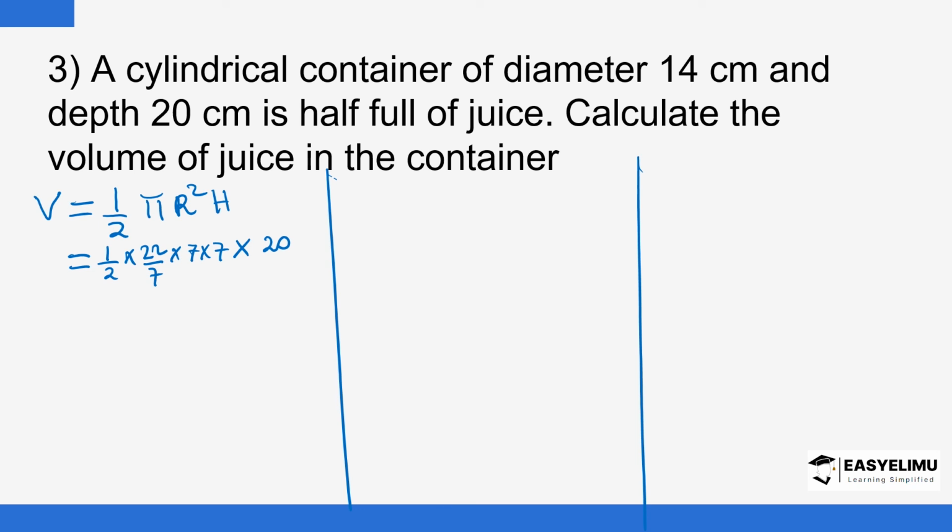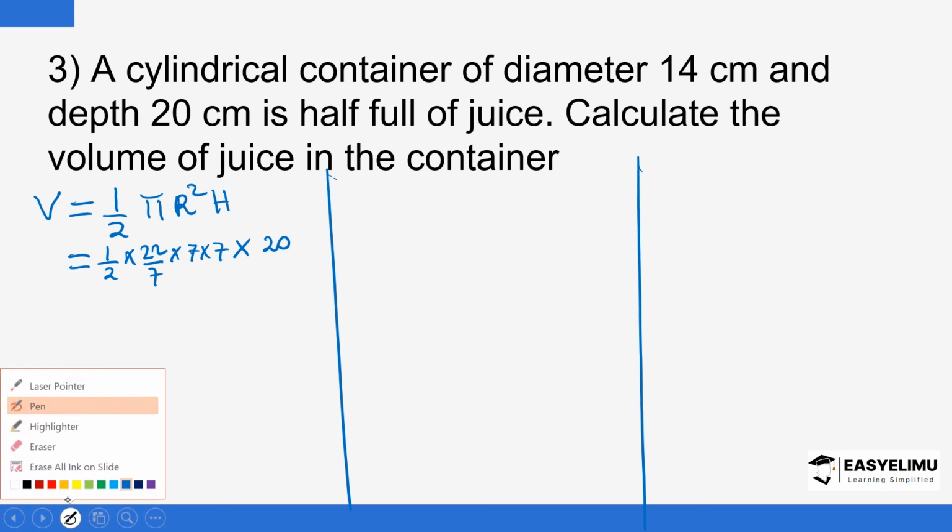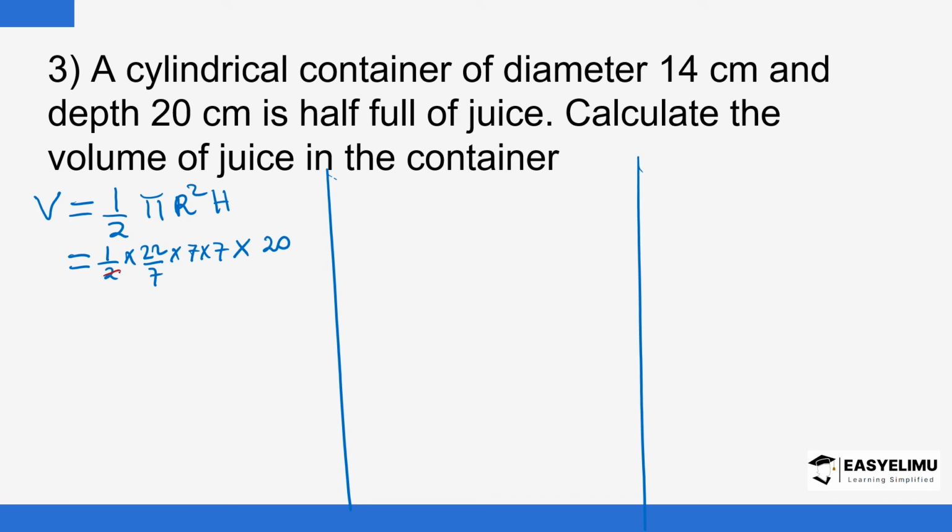So again, we'll just try and simplify. So 2 here, 1, 2 into 22, 11, 7 here, 1, 7 there, 1. So what remains now is 11 by 7 by 20.